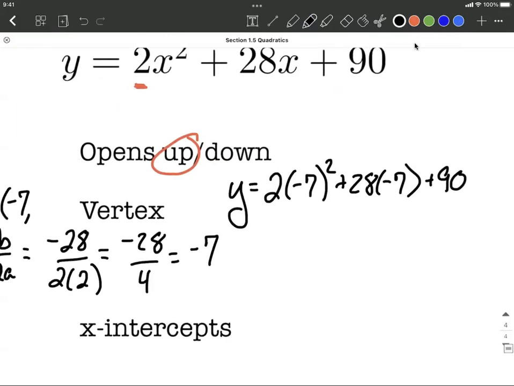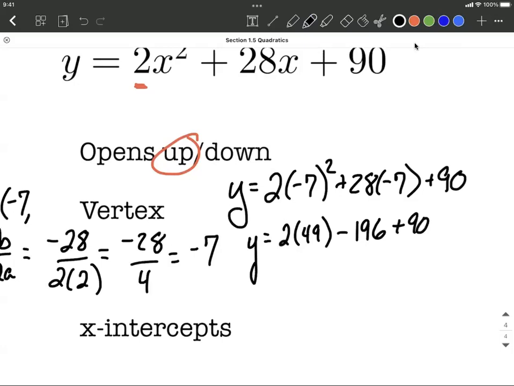Let me zoom in to see my work as we go along. That's 2 times 49. And because we have a +28 and a -7, that's going to be a subtraction. 28 times 7 is 196, plus 90.